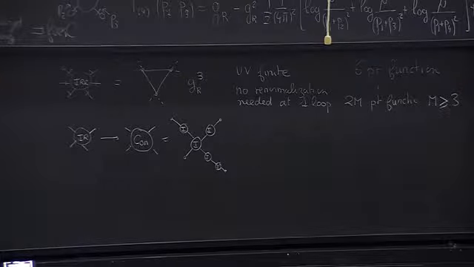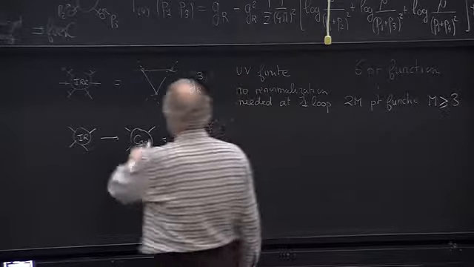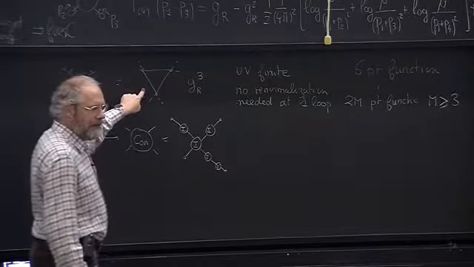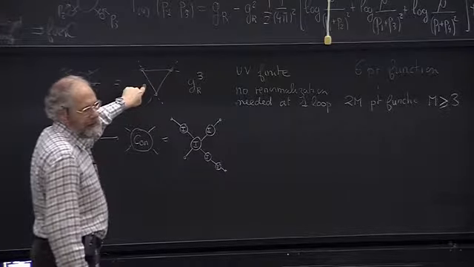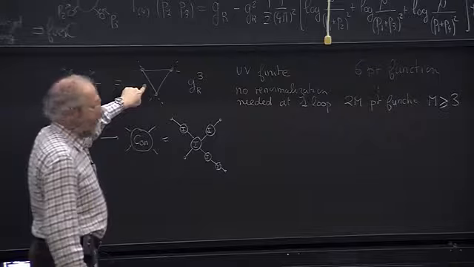Yes? Yeah, so I'm confused. You say that up to one loop, there's no normalization needed there. Yes. Is that a statement that you argued, or you know? Just I showed you. Do the calculation. Yeah. So this diagram, I think I wrote it 2 days ago.